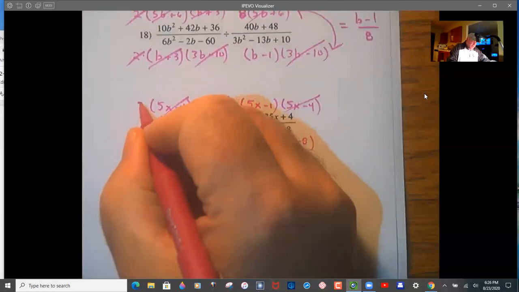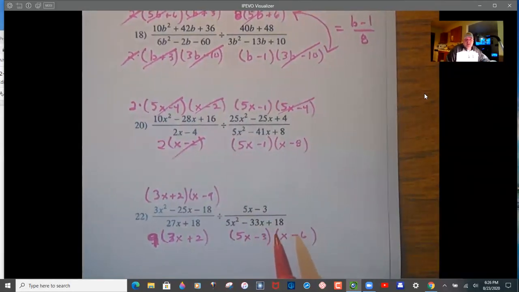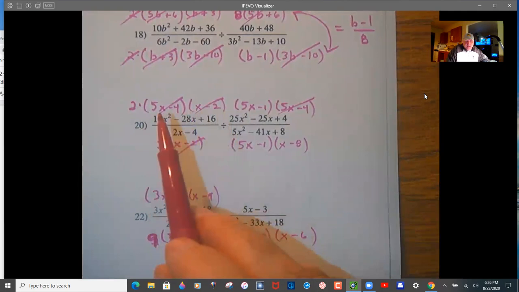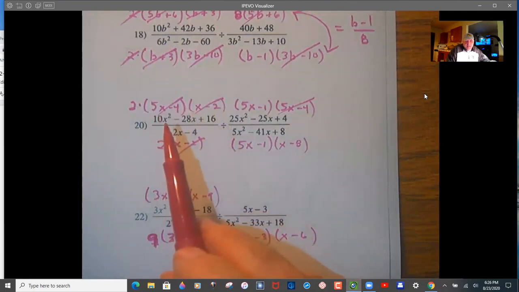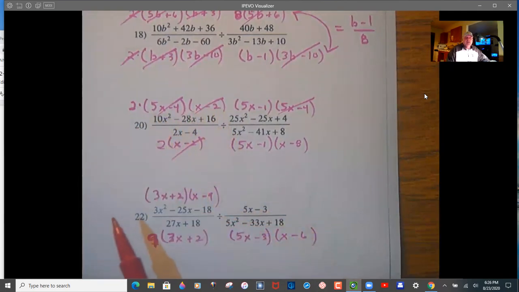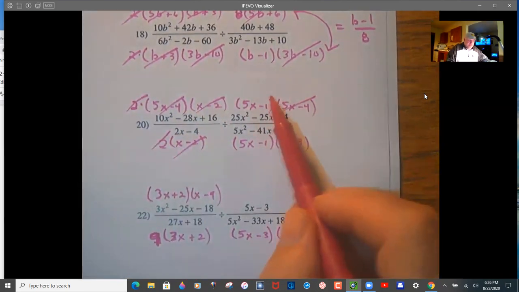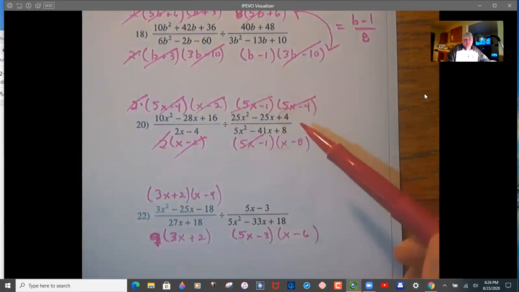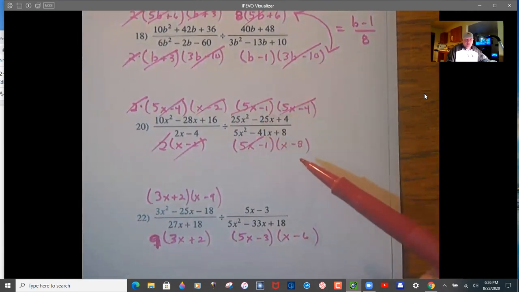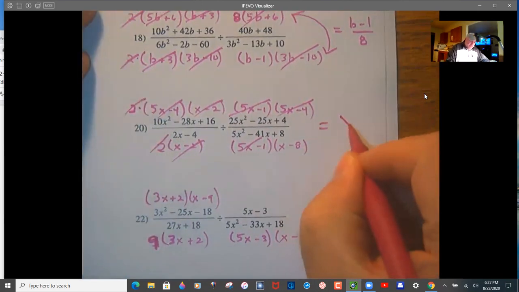So I missed a common factor of 2 out here. So make sure you have all your common factors when you factor. So the 5x times x is not 10x squared, so I needed a 2 there. Anyway, so these 2's will drop, and then the 5x minus 1's will drop. Even when you flip them, they're one on top of the other. So you just have an x minus 8 that's left in the top.